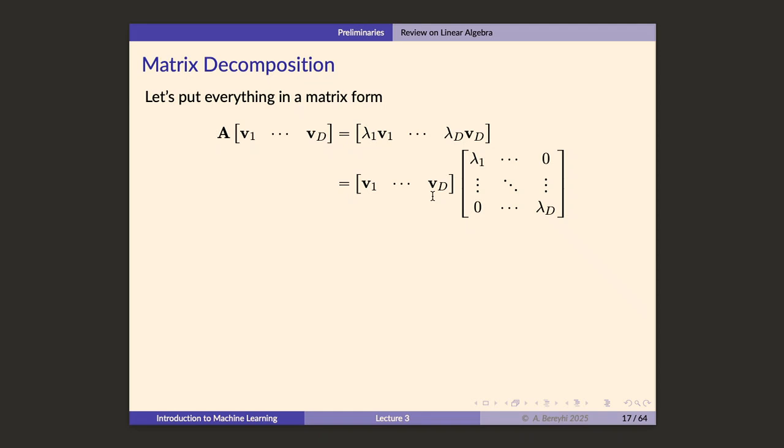So let me call this matrix V. What is the dimension of V? Number of rows is d. Number of columns? It's still a d by d matrix, right? So let me call this diagonal matrix lambda. Lambda is also d by d, correct?